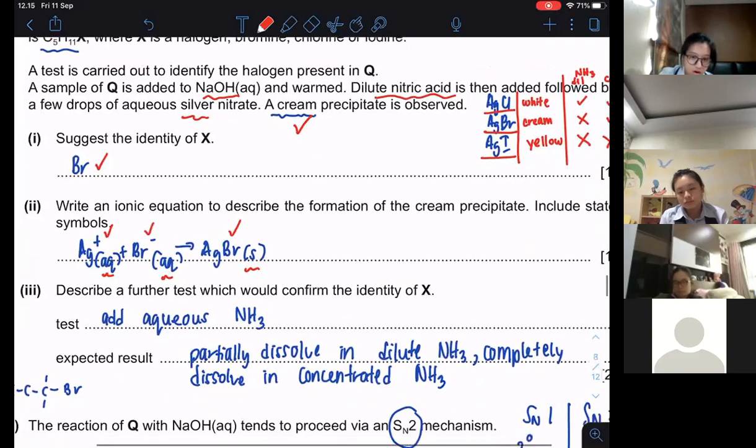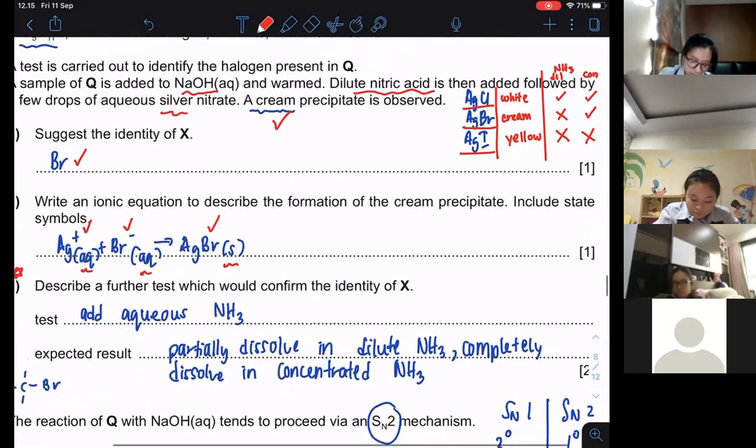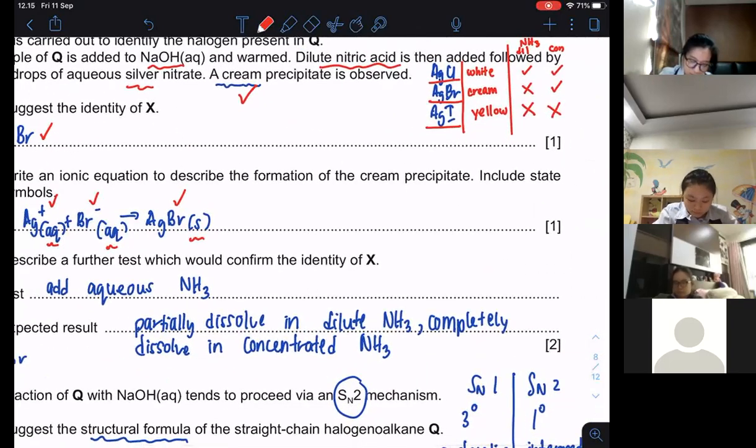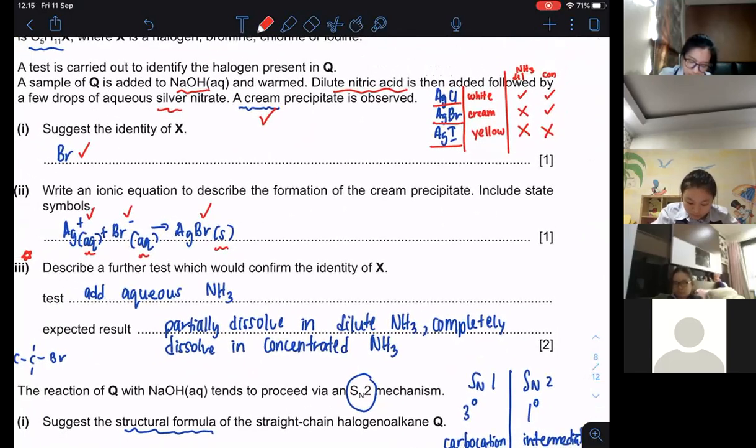Now, describe a further test. This is the part that I told you they ask. Last time they didn't ask, but now they ask again. So what do we do? We add aqueous ammonia. Do remember you must mention aqueous ammonia, meaning with water. Expected result: if it is a cream precipitate, we expect that when you add dilute ammonia, the precipitate does not dissolve, or I put it as partially dissolved.